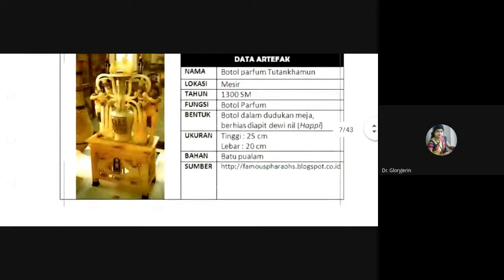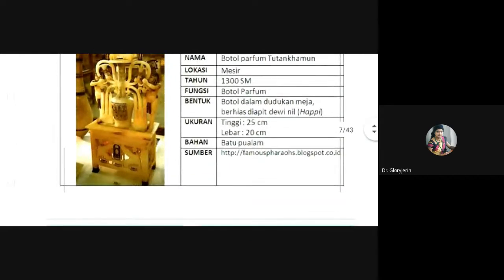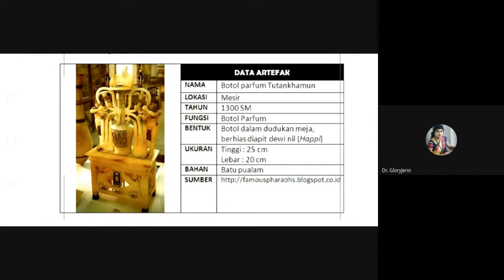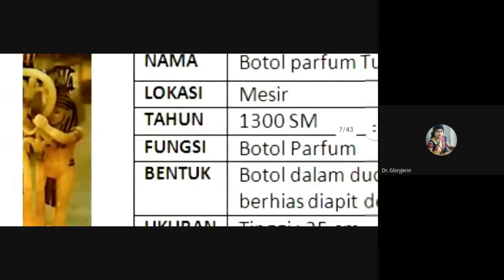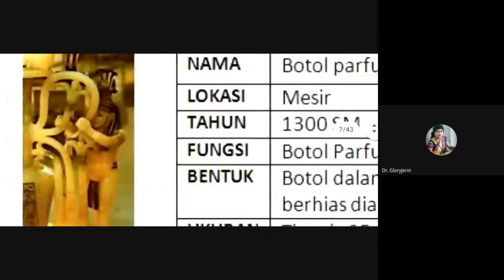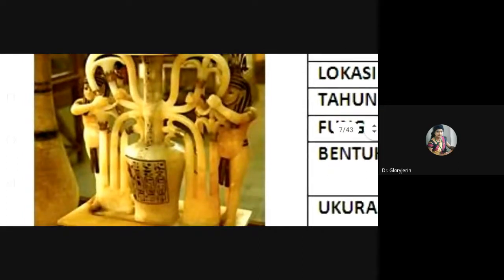So in another ancient perfume bottle, we can also see a bottle from Egypt. This is an ancient perfume bottle from Egypt, the Tutankhamun perfume bottle. You can see there is also a figure of the goddess of the Nile, called Hapi. Hapi is the goddess of the Nile, and this perfume bottle has a symbolic shape.